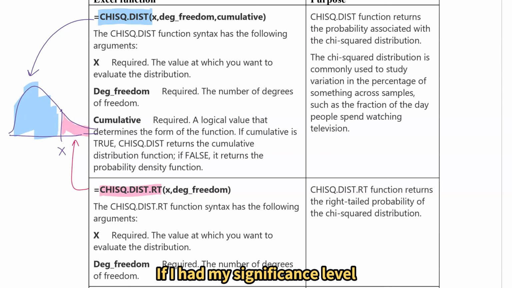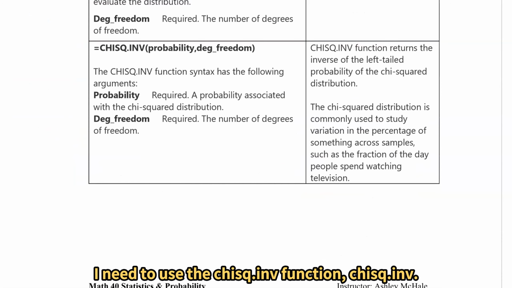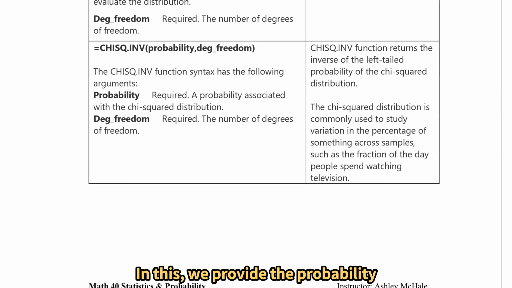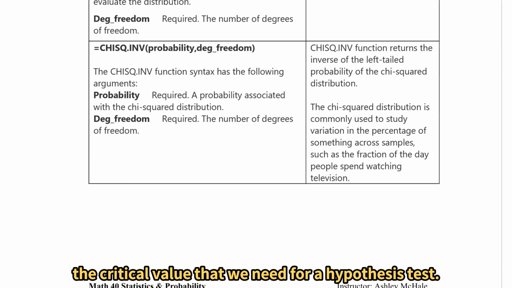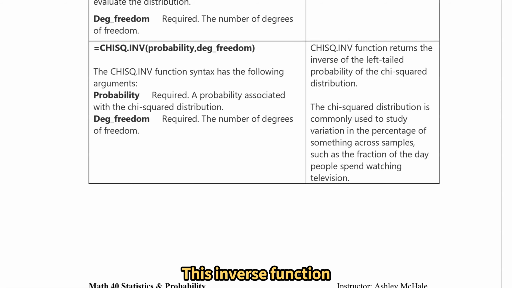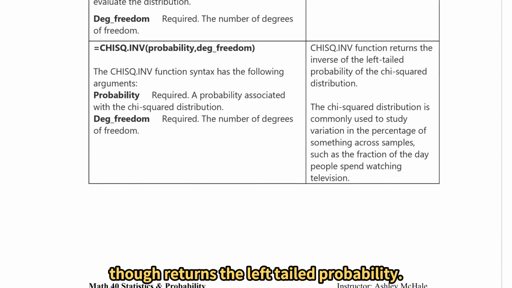If I had my significance level and I needed a critical value, if I wanted to run a traditional method hypothesis test, I need to use the chi-square inverse function, chi-square.inv. In this, we provide the probability and the degrees of freedom, and this function will return the critical value that we need for our hypothesis test. This inverse function, though, returns the left-tailed probability.